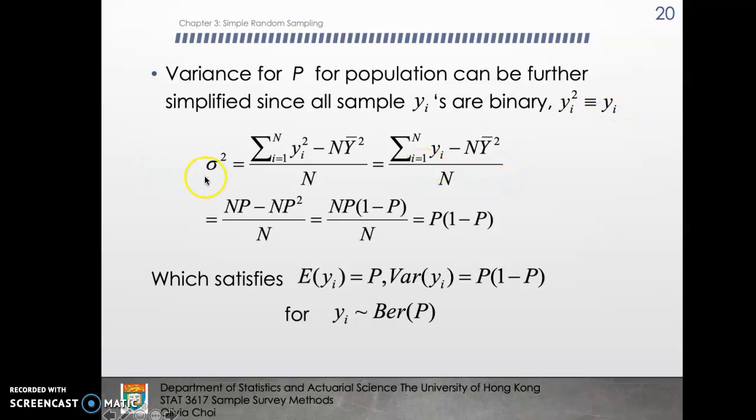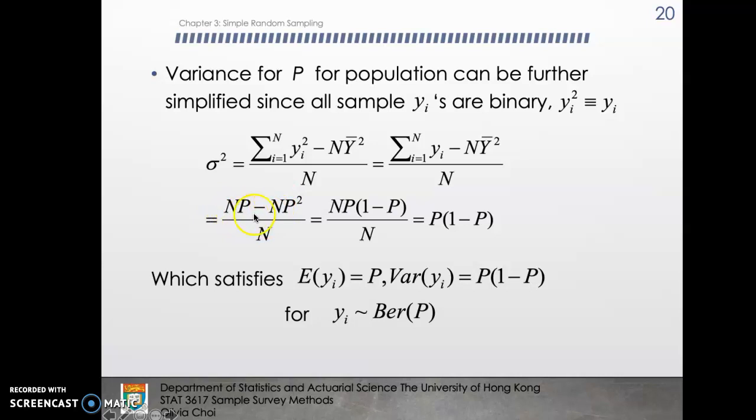Sigma square, the true population variance, equals the summation of yi square minus n y bar square, divided by n. So yi square is actually yi. So this is actually adding up n number of yi, which is p, and we have n times y bar, which also equals the true proportion p.